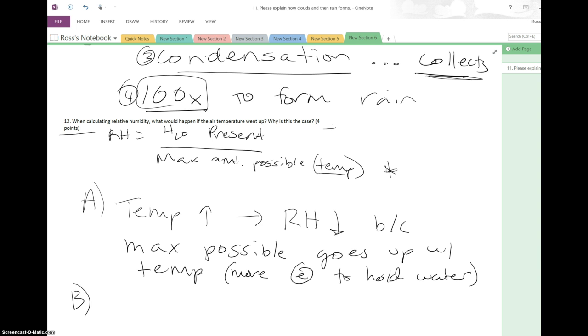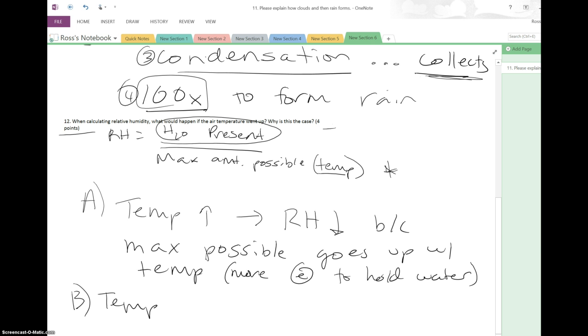Well, evaporation could happen more. If there's more energy in the air and the sunlight's stronger, you can evaporate water into the air, which will increase this part right here. So technically, if the temperature goes up, the maximum amount definitely will go up, but quite possibly the water present due to evaporation will go up too.